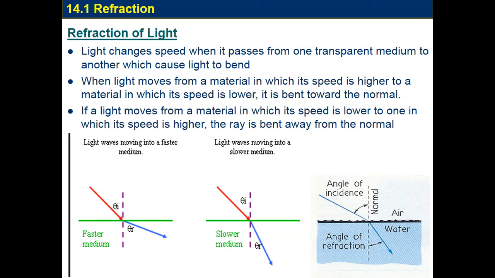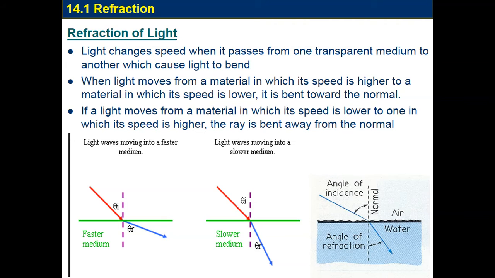Even when the light passes through, for example, glass, the glass is solid, so the particles in a solid are even closer, more packed together than in water, so they will slow down the light more than in water. For sure we have to know this order in speed very well. Light is fastest in vacuum, then air, then water, then glass. So the slowest is in glass, a transparent solid.